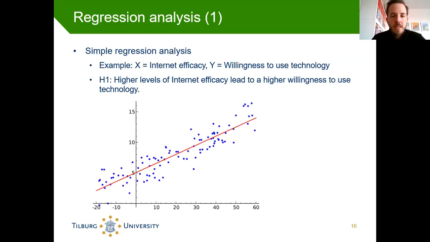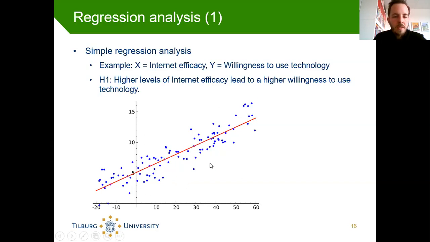Now let's assume this is what your data looks like. Let's say you've tested about 100 people, and for those 100 people, you have measured their internet efficacy, and you've also measured their willingness to use technology. And if you have done this for every person that you have tested, you will get one blue dot in this graph.